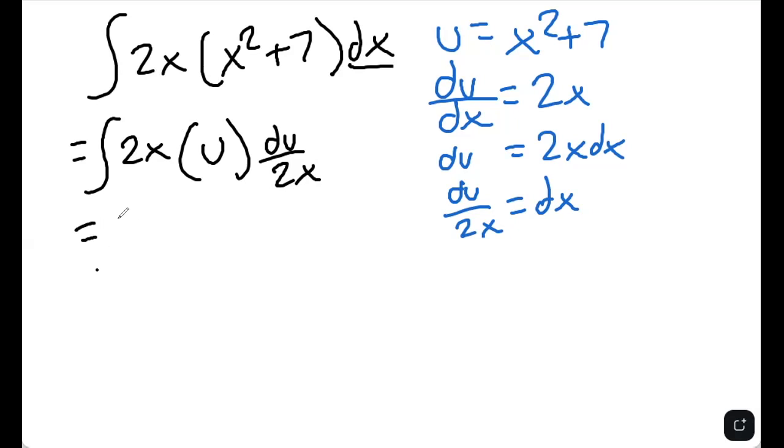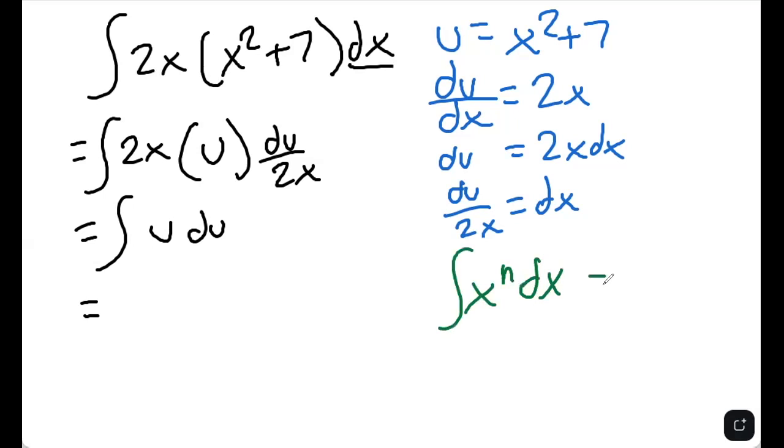So we end up with the integral of u du. I know how to integrate that. That's one of those formulas that I know. The integral of x to the n dx is x to the n plus 1 over n plus 1 plus c, right?